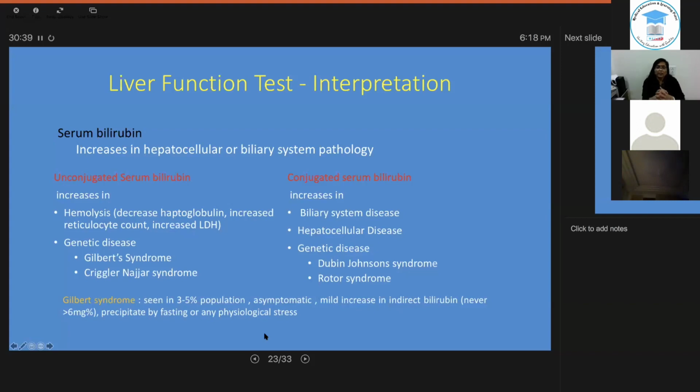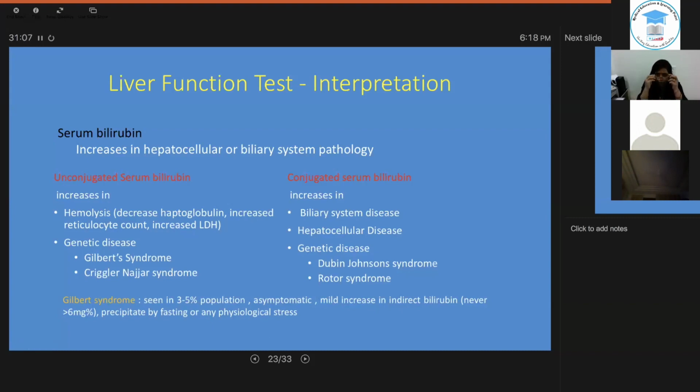Like the patient is a normal patient who says that I have had my dark eyes since birth only, and these dark eyes increase if I get some fever, if I get a surgery done, or any stress in the body which increases the serum bilirubin level. But the important point here to see is that this fraction will be indirect bilirubin, not direct bilirubin.